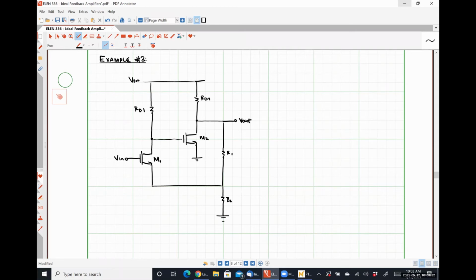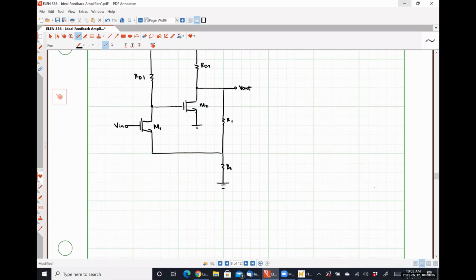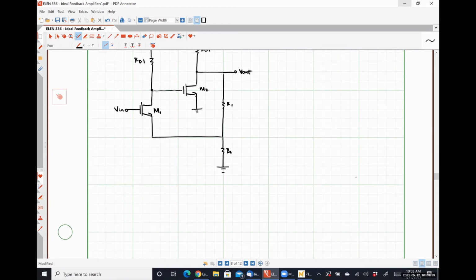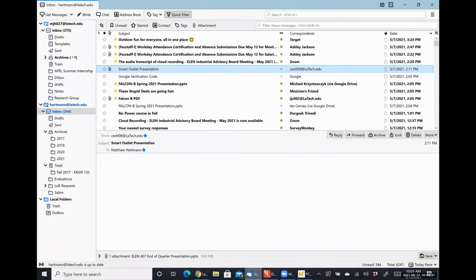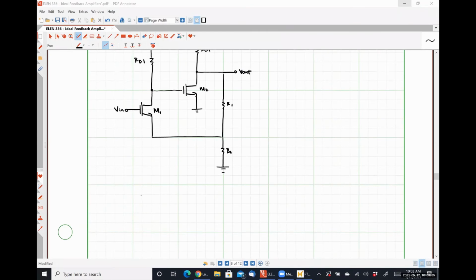So our feedback network, in this case, here's port 2, here's port 1. What kind of connections should I have?